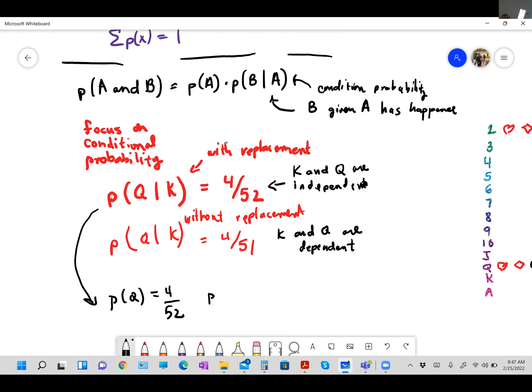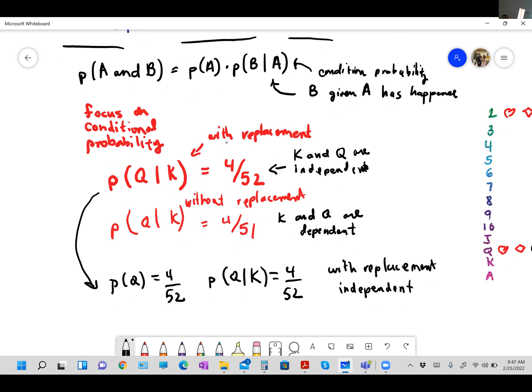And since the probability of queen given king is the same, 4 out of 52, king did not have an effect on the probability of queen. Therefore, when it's with replacement, the events are independent.